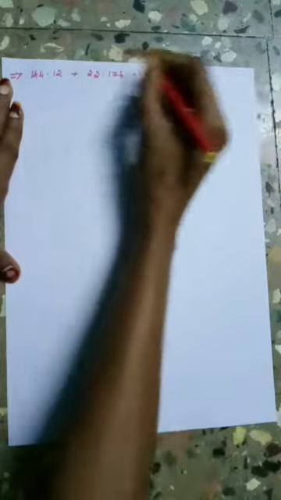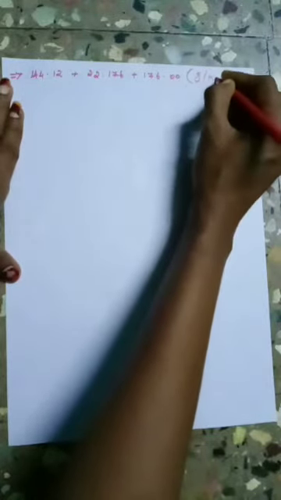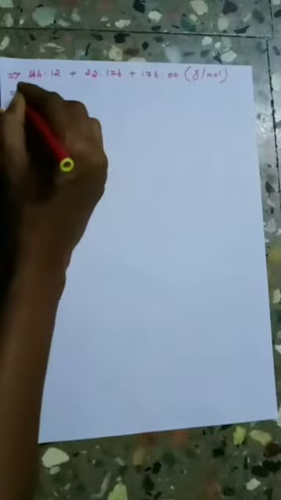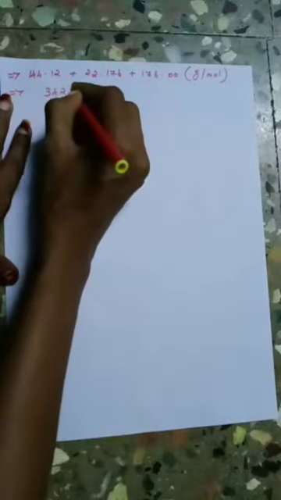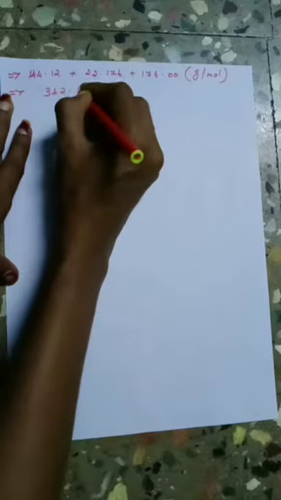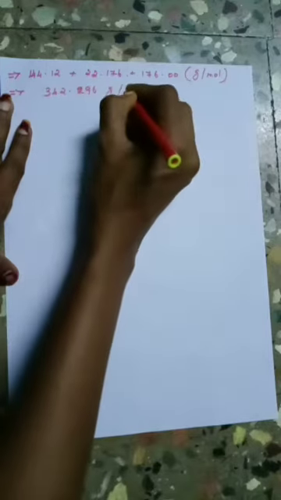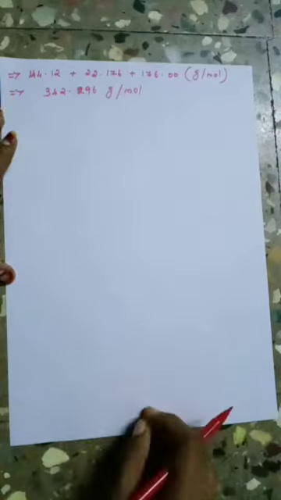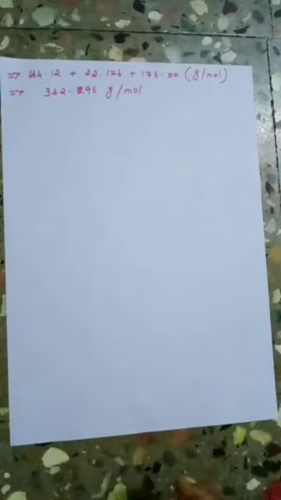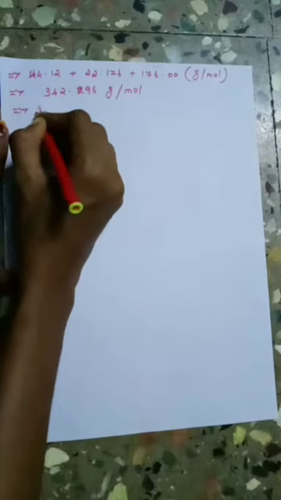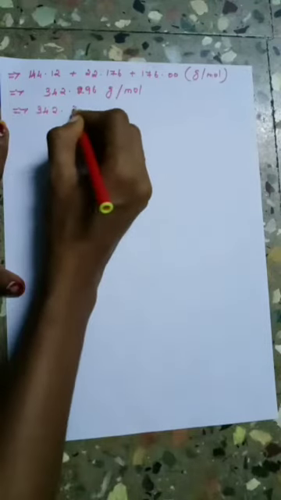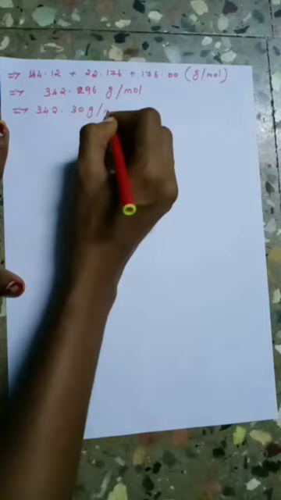The whole bracket we put gram per mole. So the final total is 342.296 gram per mole. Okay, so this is the answer. When we round off, what we get is 342.30 gram per mole.